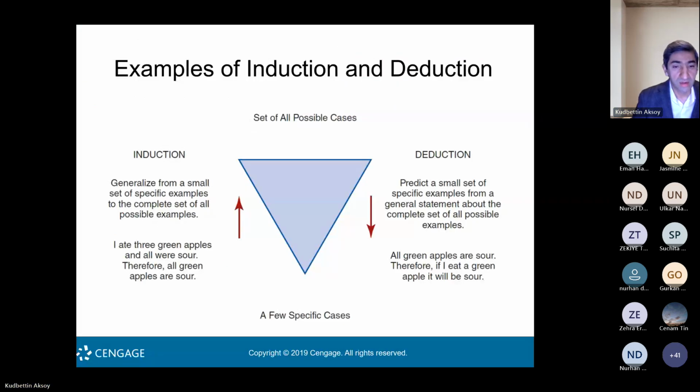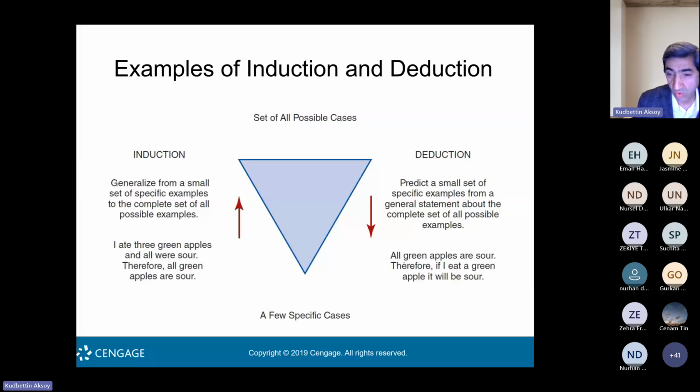Example. You eat one green apple, it's sour. You eat another green apple, sour. You eat a third green apple, it's sour. You say, all green apples are sour. Deduction is the opposite.